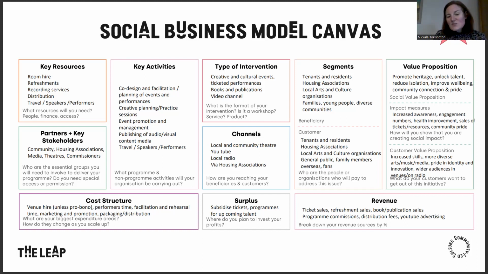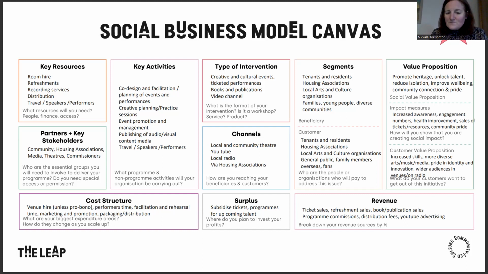And so in this case, we're suggesting that where this project grows and starts to not just cover its room hire, its refreshments, its recording, its services, it's covering its facilitation time, and marketing, promotion, packaging and distribution, all those things that we said are the costs. If and when it makes that surplus, it can then reinvest its profits in subsidising tickets so that they're free to certain parts of the community that might not have the money to pay for tickets.